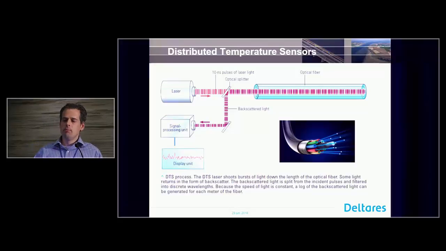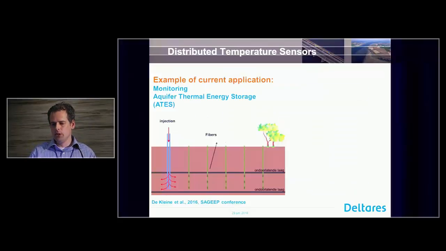You can really measure temperature continuously and at every meter of the glass fiber. So that can give you real distributed and continuous monitoring. And we use that, for example, for monitoring aquifer storage systems.